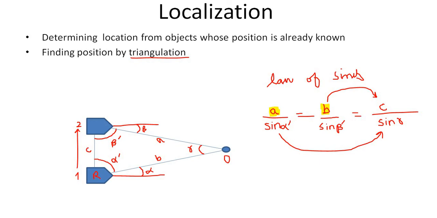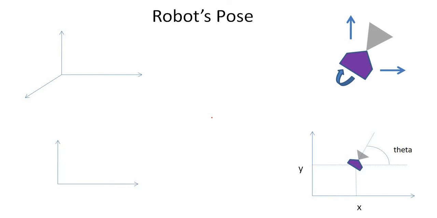Okay, now we shall learn about what the robot's pose is. In a 3D world, we have three axes: x-axis, y-axis, and z-axis. We also have a rotation along the x-axis, the y-axis, and the z-axis. So in total we have 6 degrees of freedom.